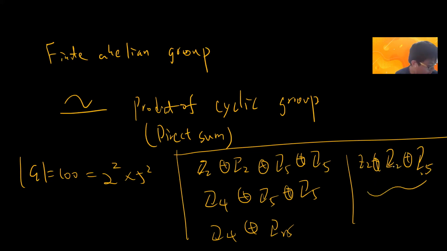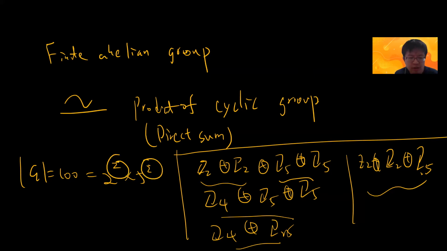Okay, so these four are all the cases of groups of order 100. Yeah, hopefully I'm correct. Let me see whether I missed something. I think I don't miss anything. Yeah, so in total, in this case you will have 4 of them.